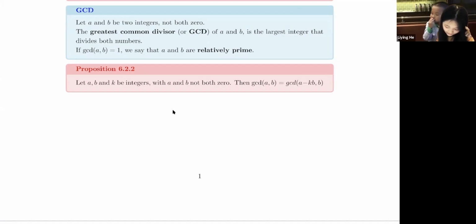What if we have GCD, let's say, of 8 and 0? What is the GCD of 8 and 0?